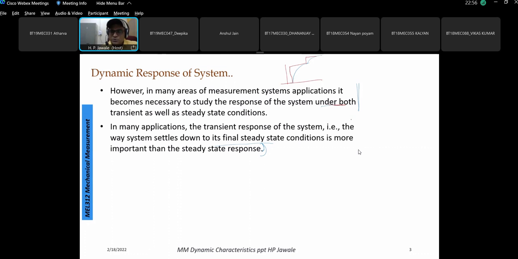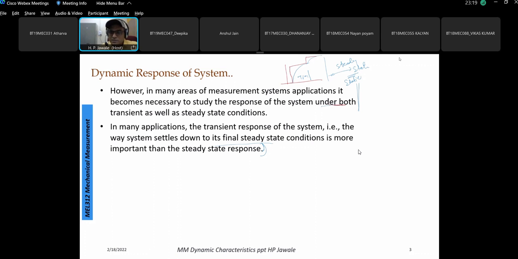Opposite to this, there are many situations where we need to take the measurement when it is in the transient state. Now, if you are considering the measurement only and only in the steady state, we have done this in earlier cases, that is called static characteristics, right?